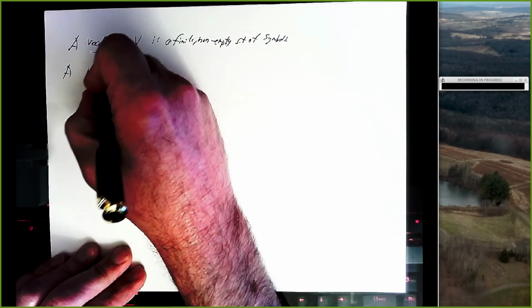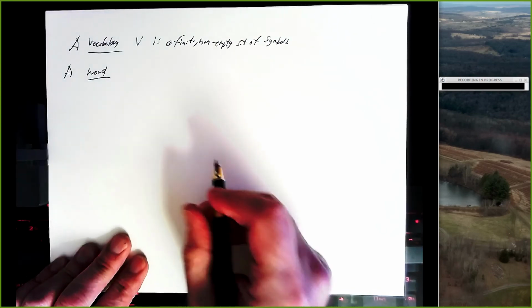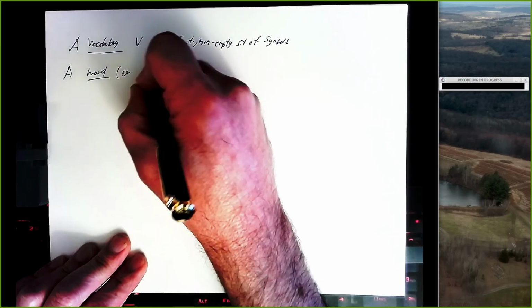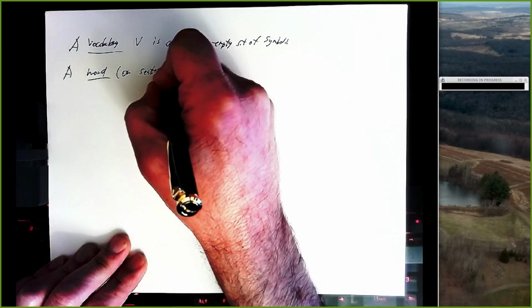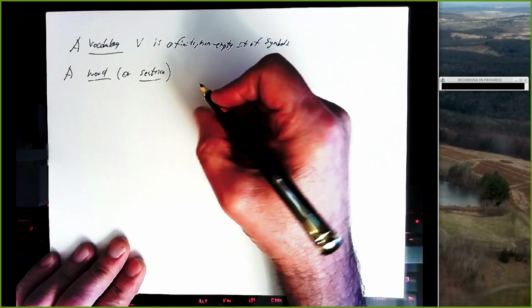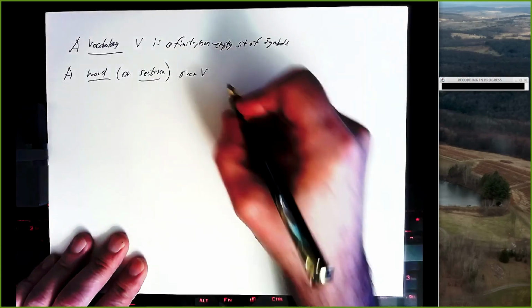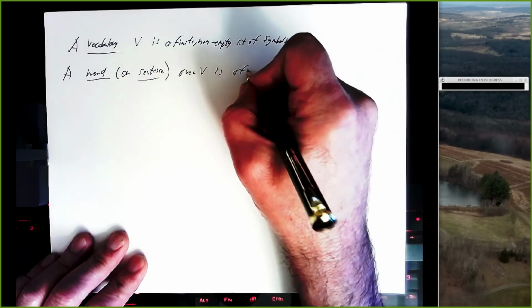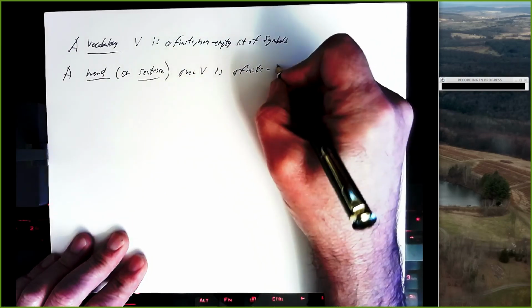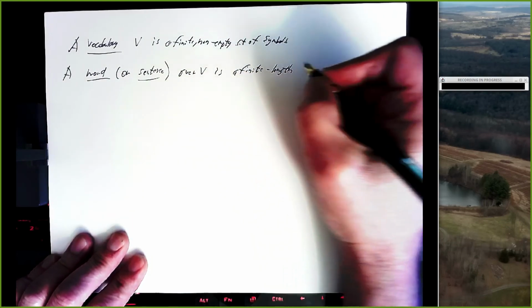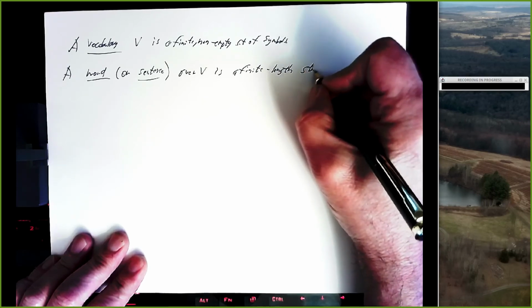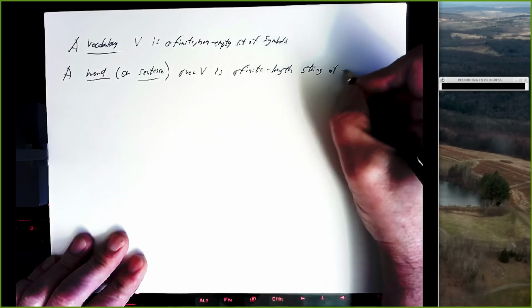A word, or sometimes a sentence, over V is a finite length string of elements of V.